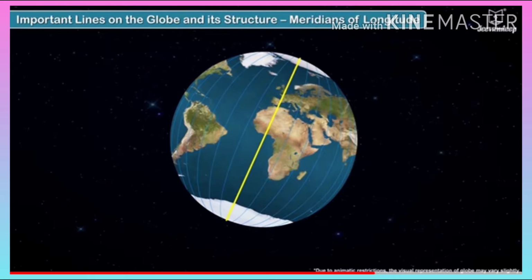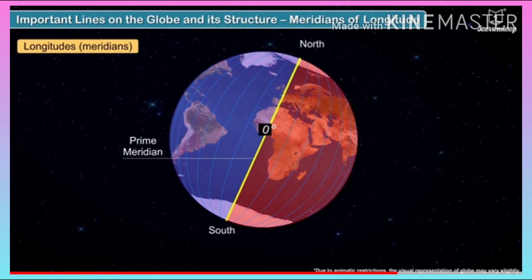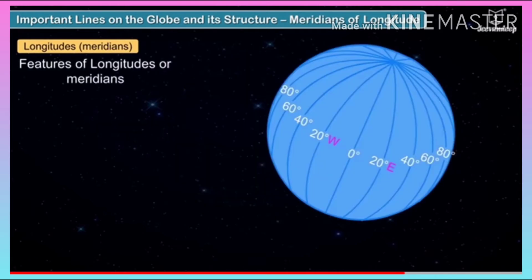Meridians of longitude. The vertical lines on the globe which run from north to south are called longitudes or meridians. The prime meridian, the 0 degree longitude, divides the earth into two equal vertical hemispheres, the east hemisphere and the west hemisphere. Some important features of longitudes or meridians.